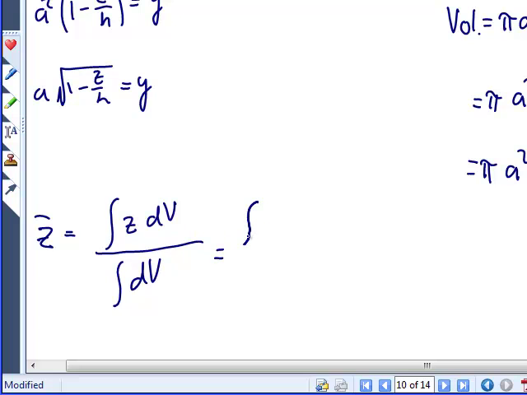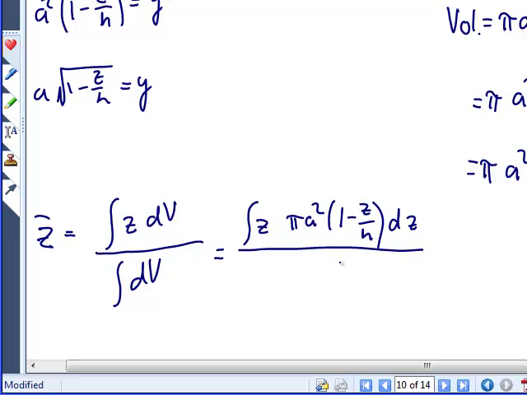So that's going to be the integral of z times our dv, which was pi a squared times 1 minus z over h dz, over this integral, which we already know is 3 pi a squared h over 8.